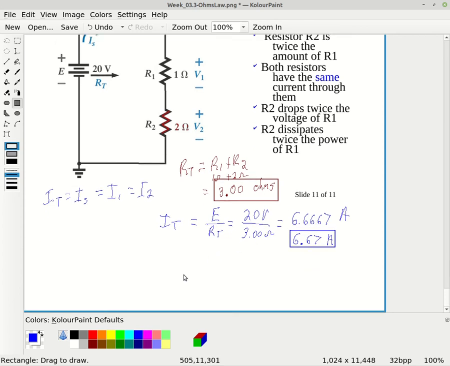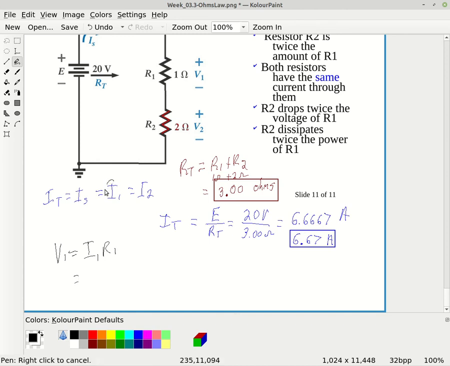All right, so what we're going to do here then is we're going to go ahead and calculate for our R1 resistor. Okay, what is the voltage drop across R1? Well, using Ohm's law, we get that the voltage V1 is equal to the current I1 times the resistance R1. Right?